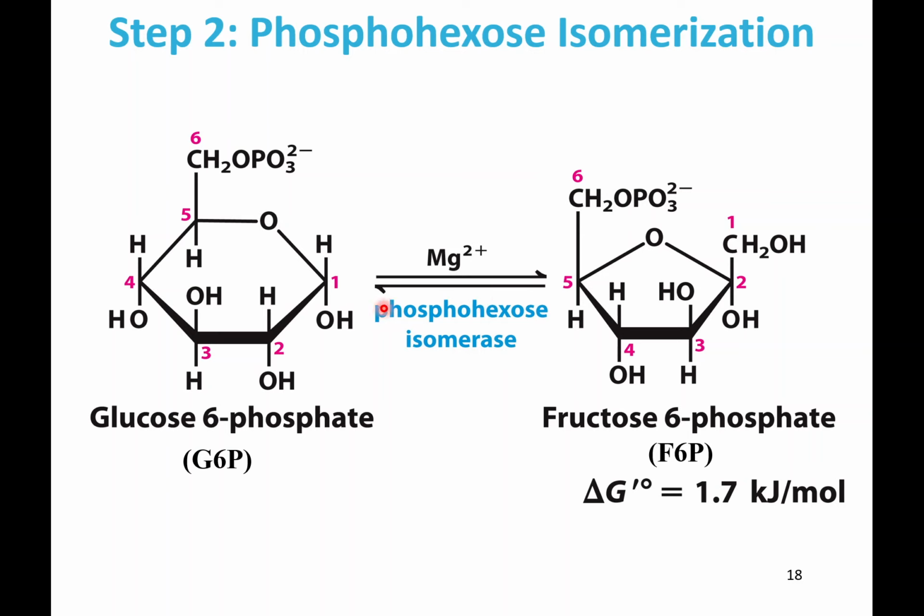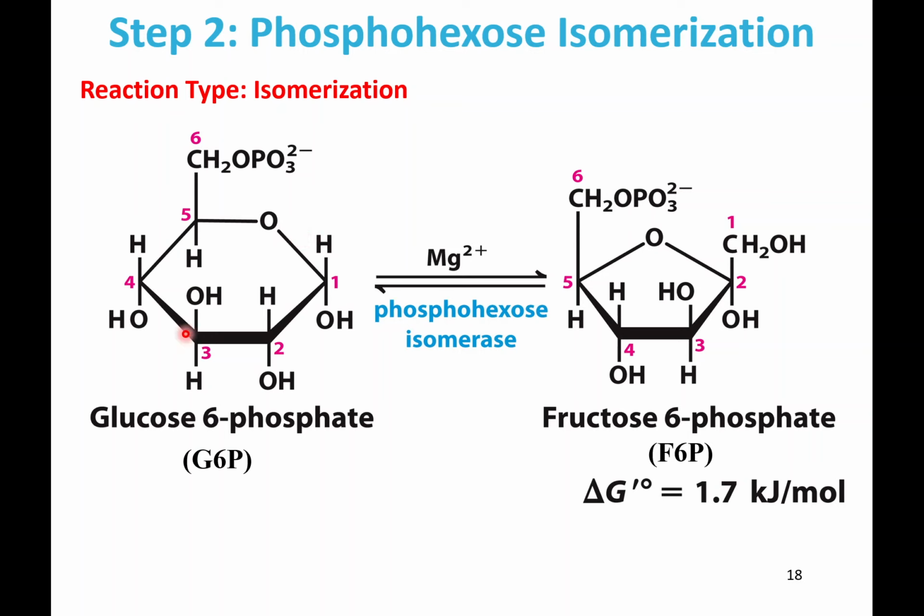This reaction is catalyzed by an enzyme called Phosphohexose Isomerase. Right? Phosphohexose is the sugar, 6-carbon sugar with a phosphate, and isomerase is telling you what it's doing. It's catalyzing an isomerase reaction. So this reaction type is an isomerization.